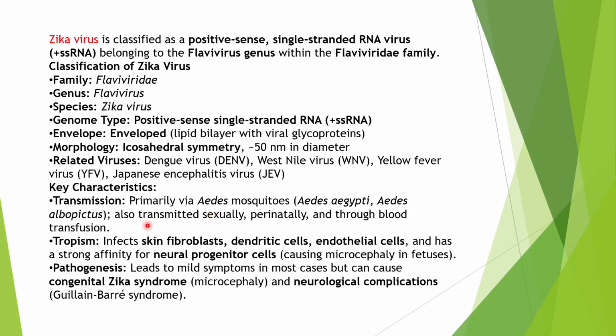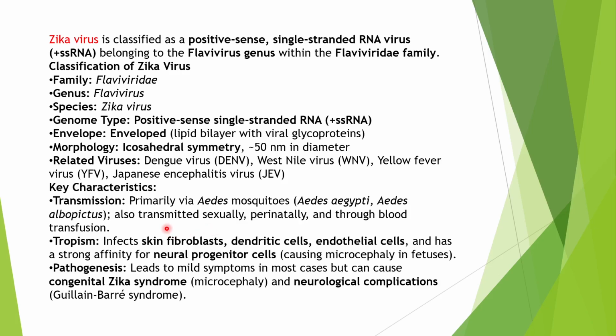The key characteristics, that is the transmission, is primarily via mosquitoes, because you can see the related viruses are also transferred via mosquitoes. So that is the vector. So primarily via Aedes mosquito. So Aedes aegypti, Aedes albopictus, and it is also transmitted sexually, perinatally, and through blood transfusion.